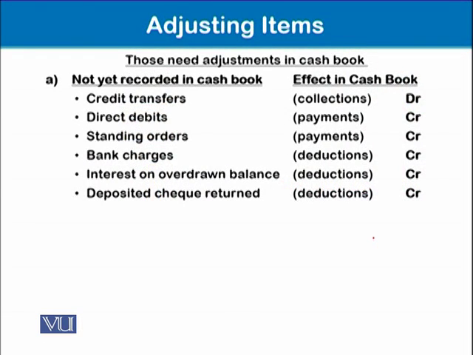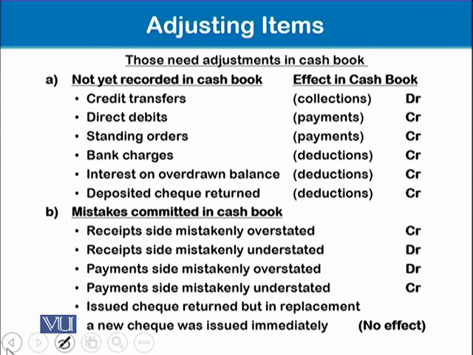These adjusting items are in fact the difference in the two balances for which we make certain adjustments in the cash book. So broadly speaking, there are a few reasons for which we did not record a transaction in the cash book, and then there could be some mistakes.